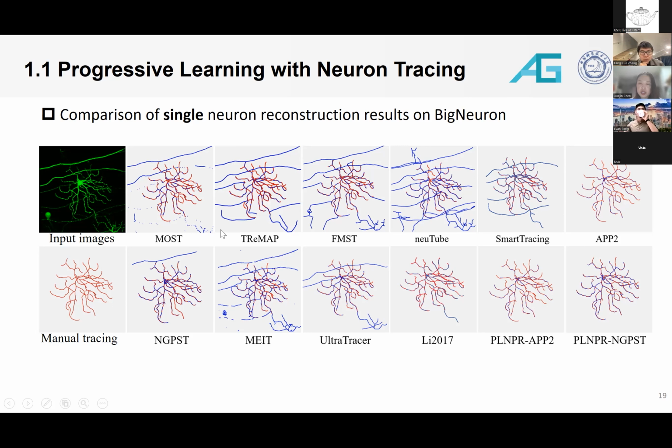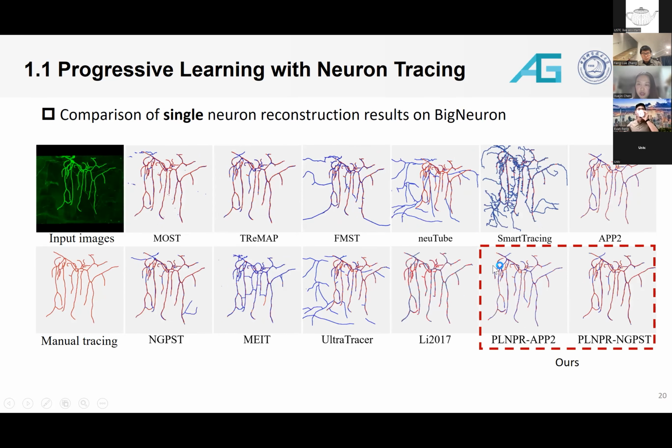This shows the results of our progressive learning neuron population reconstruction. We first compare the performance of single neuron reconstruction on the BigNeuron dataset. You can see that compared to the manual tracing results, our results generate very complete neural structures.